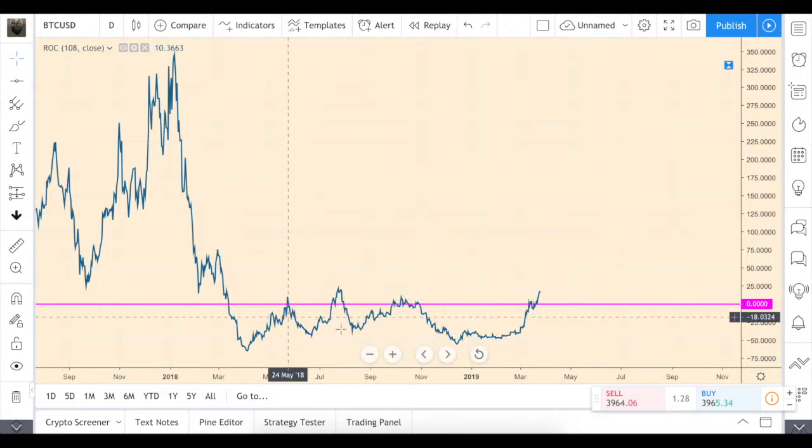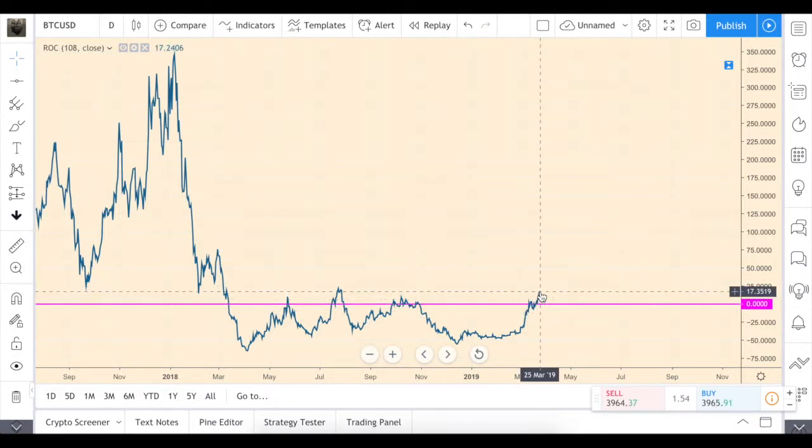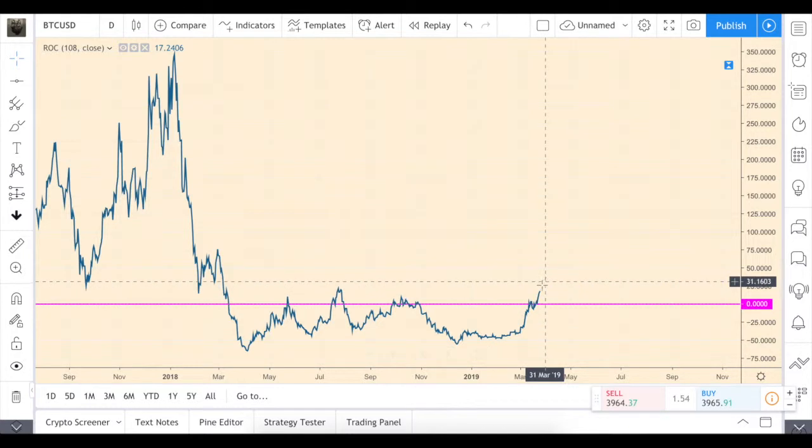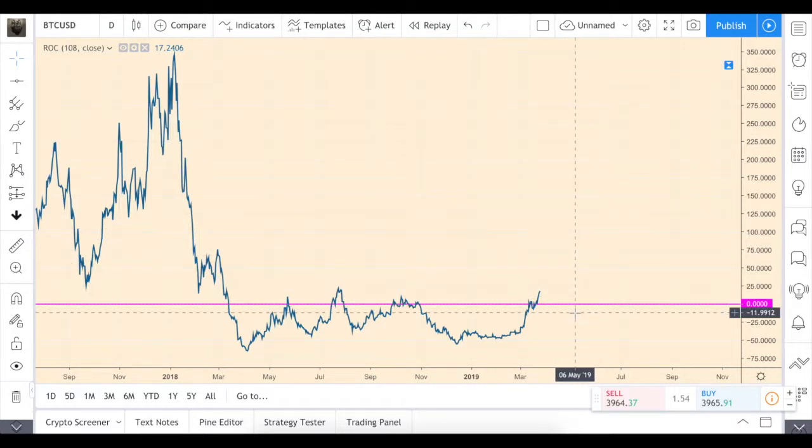So this was pretty much still bearish, and this was a huge bearish area, and after this long bearish area we finally started to see the ROC moving around this 0 level, which again indicates the accumulation phase. And now, since we're above it, it's very likely that we'll stay above that. Of course, we can return back and repeat something which we had here if the price goes to those $2,000, something like that.